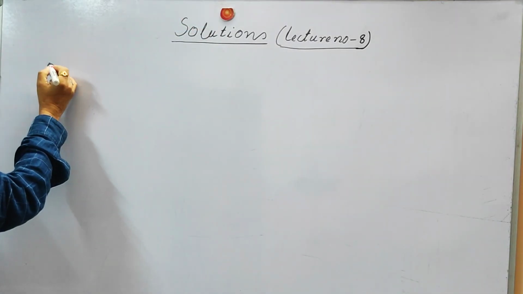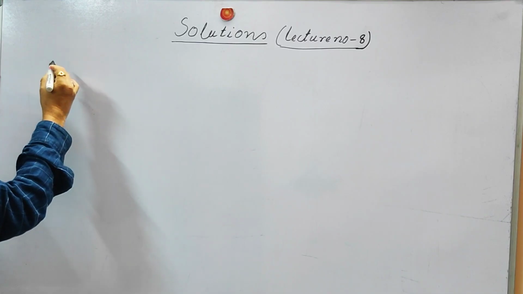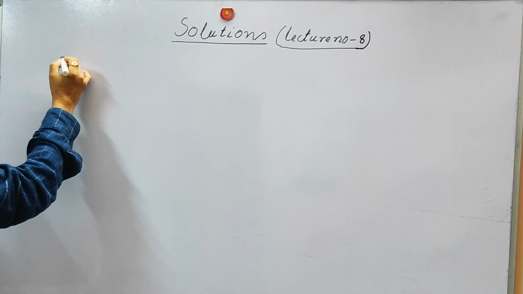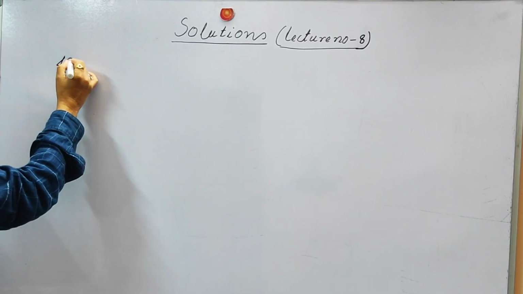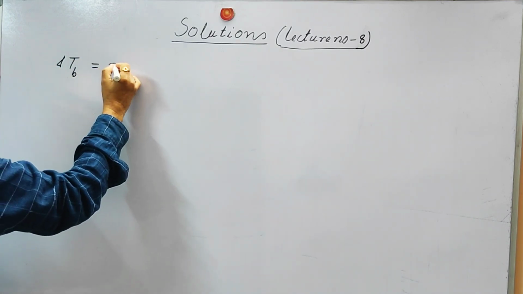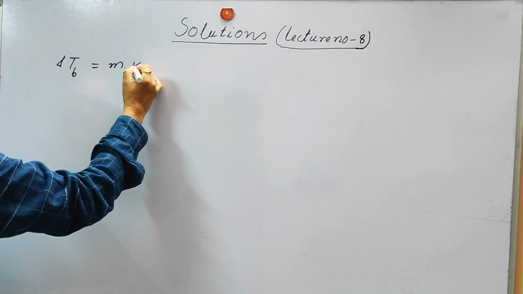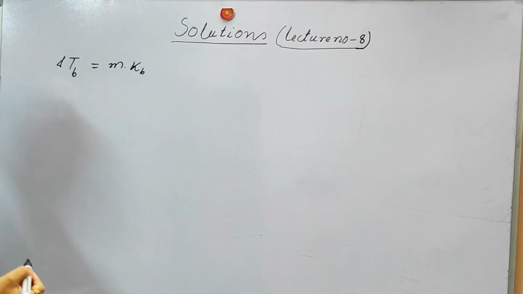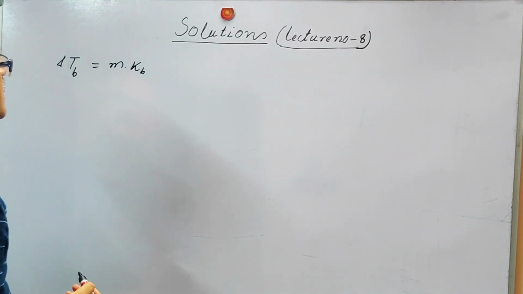This relationship, delta Tb, that is elevation of the boiling point, is equal to m into Kb. m is the molality.